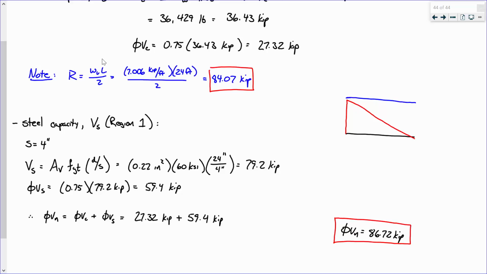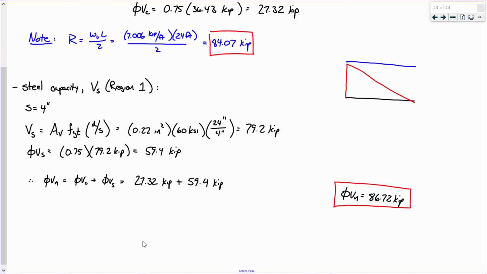So I'm just going to show you a little table of the results. All right, so has everybody got this? Example 12.